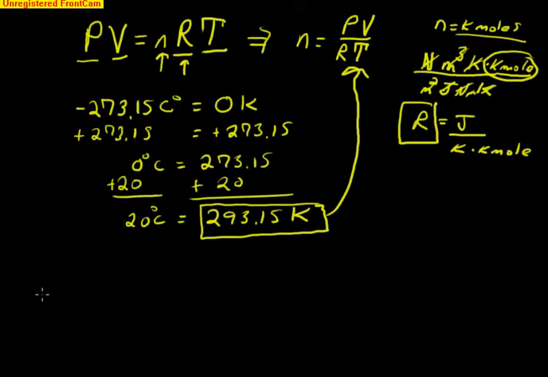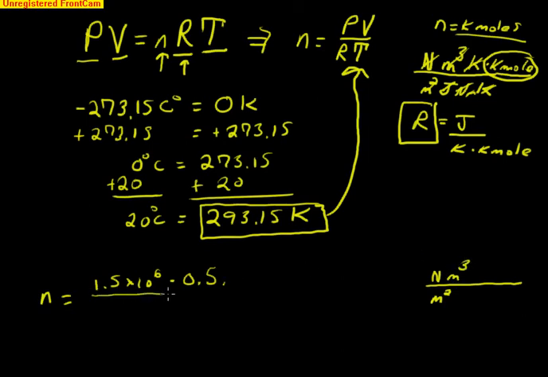So we have, in kilomoles, our pressure was 1.5 times 10 to the 6, and let's do our dimensional analysis over here to the side so we get this right, so we can be sure we're at least in the same dimension. So pressure was a Newton per meter squared, and then we're going to multiply by our volume, which was 0.5 meters cubed.